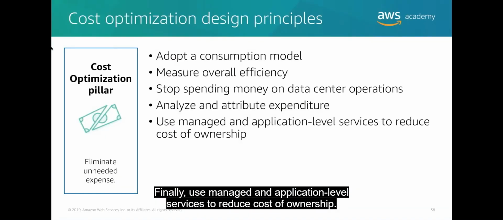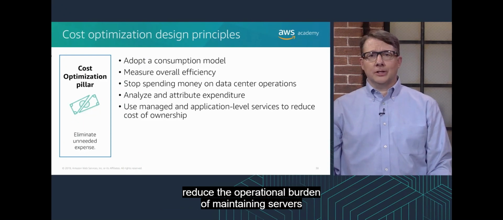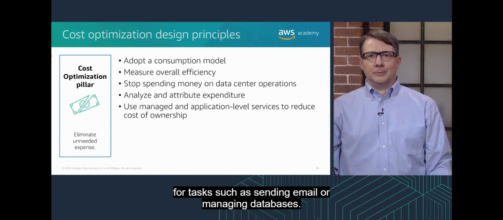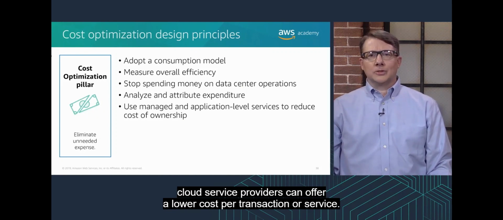Finally, use managed and application level services to reduce cost of ownership. Managed and application level services reduce the operational burden of maintaining servers for tasks such as sending email or managing databases. Because managed services operate at cloud scale, cloud service providers can offer a lower cost per transaction or service.